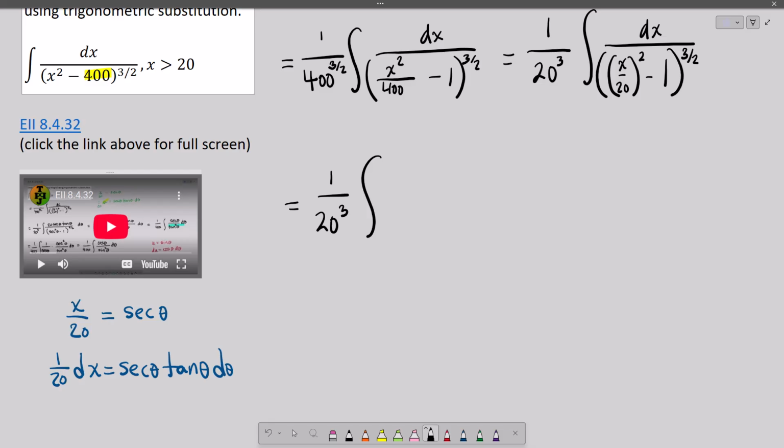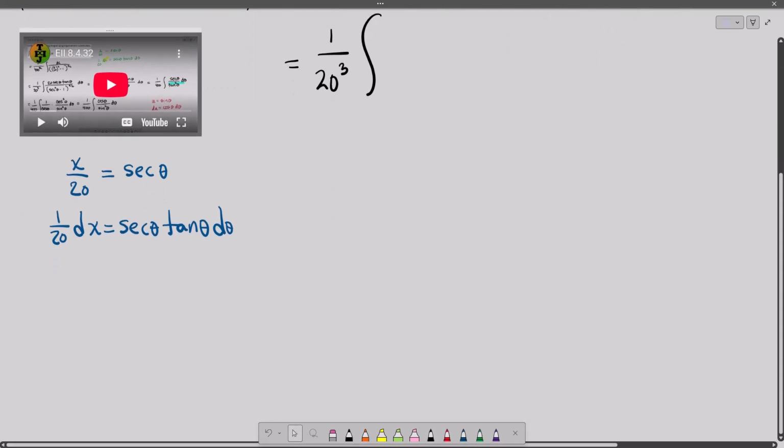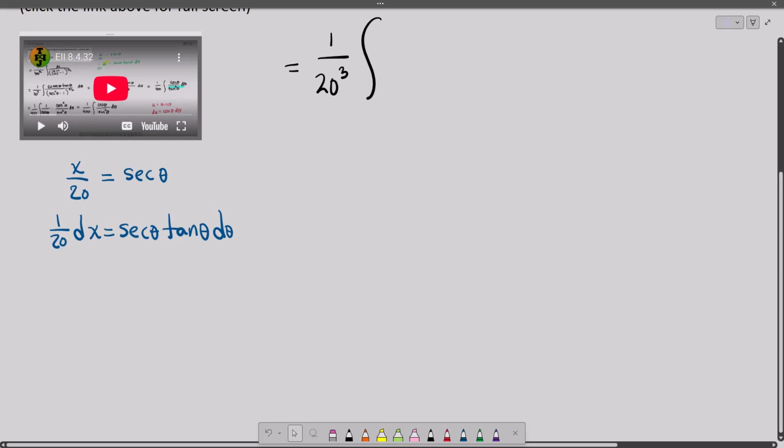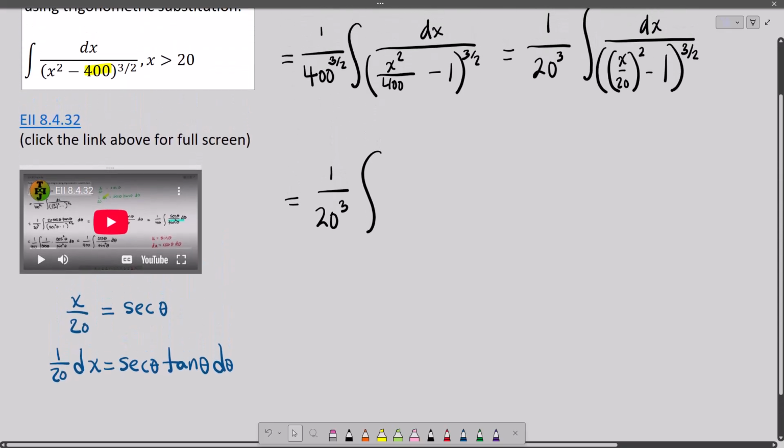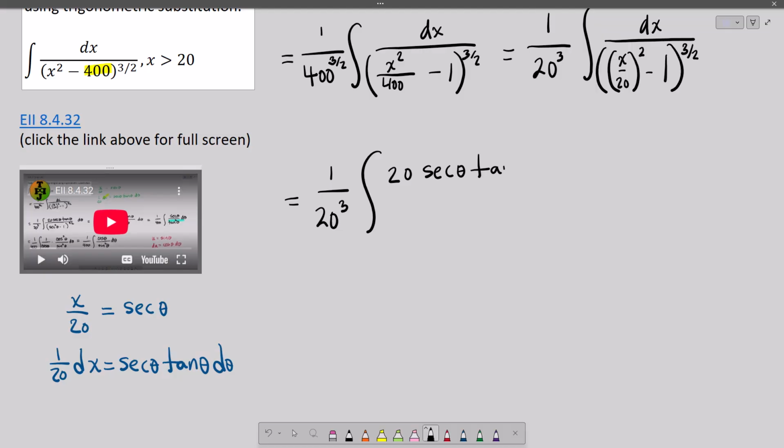So, in the numerator, there's a dx. We come and look down here. If we multiply both sides by 20, we've got dx isolated. So dx is going to be 20 secant tangent times d theta.